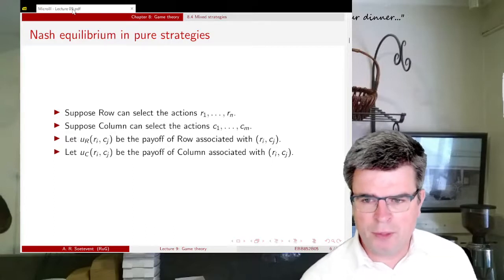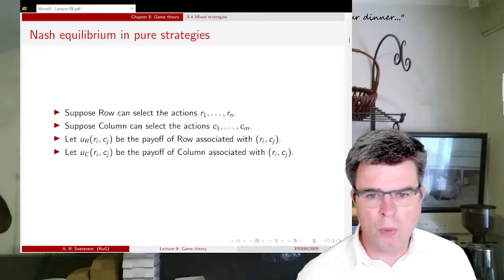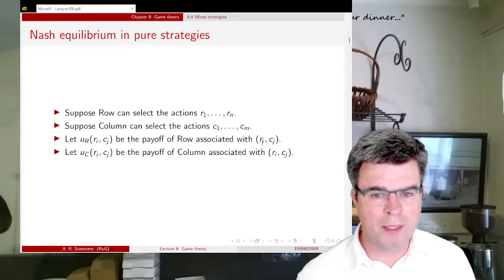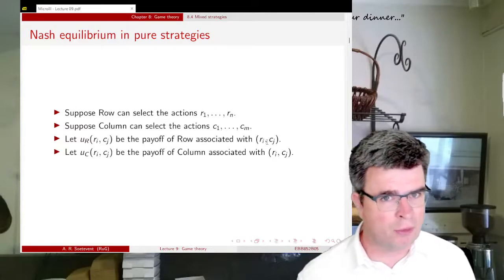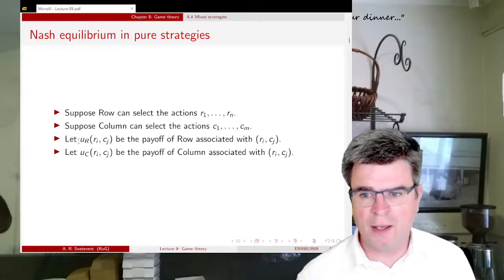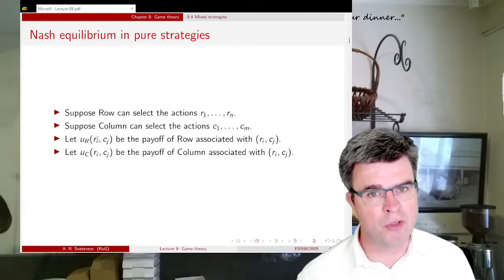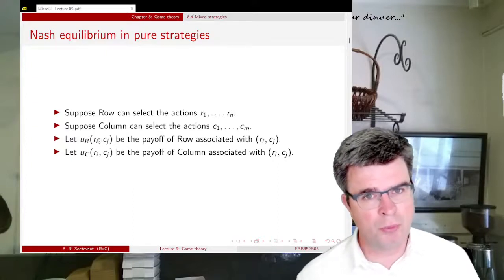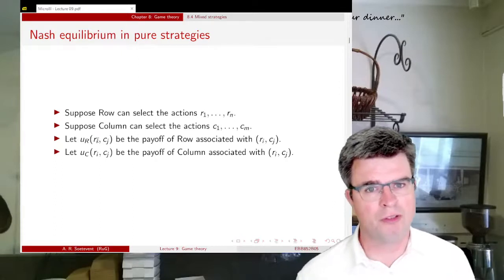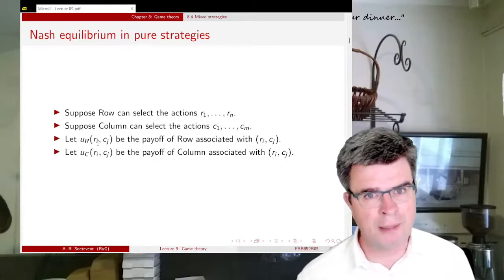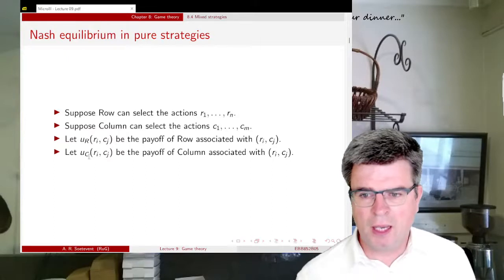And the payoff to player row associated when row plays action Ri and column plays action Cj is given by this functional form over here, which is a function of the actions of both players. So your payoff not only depends on what you do, but also on what the opponent does. And that's what makes it a game. And the same for the column player.